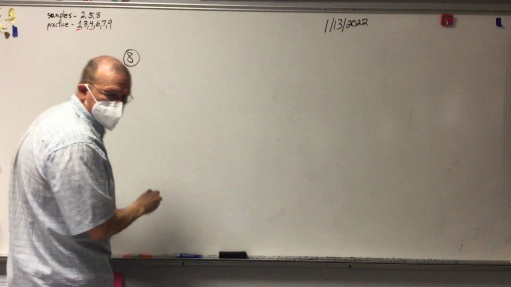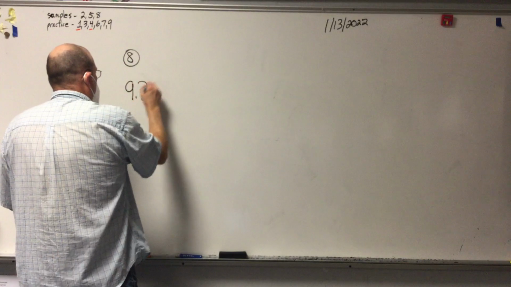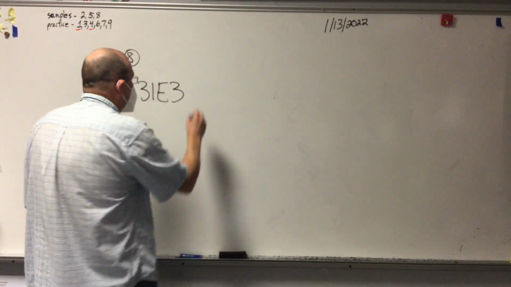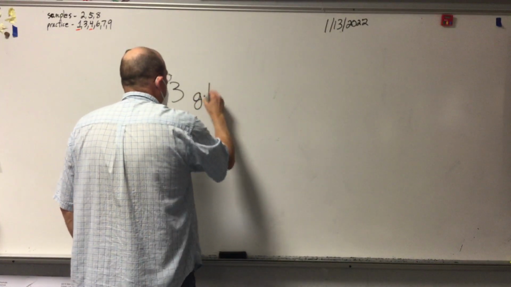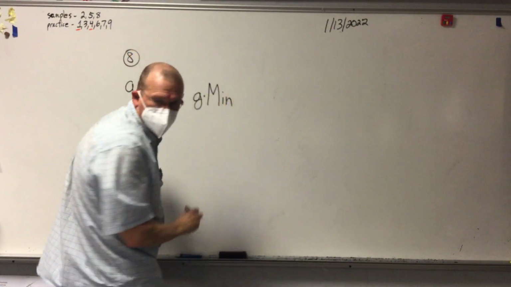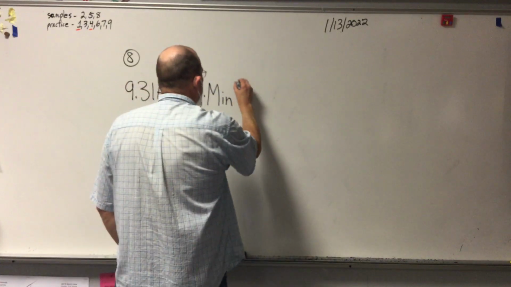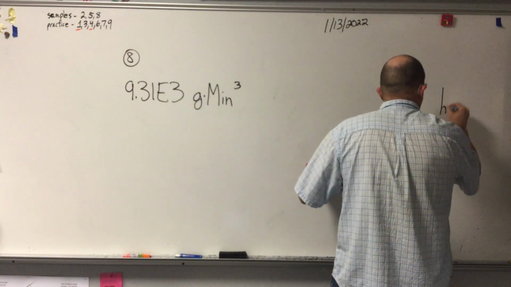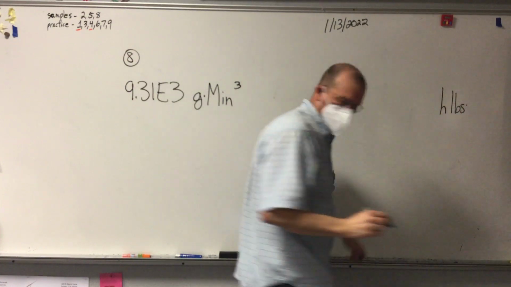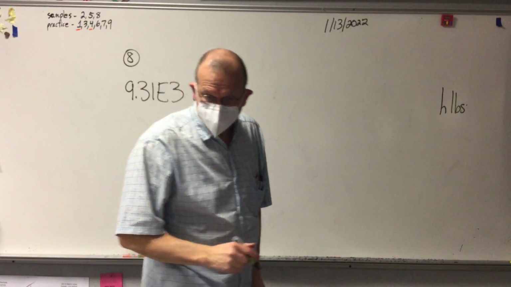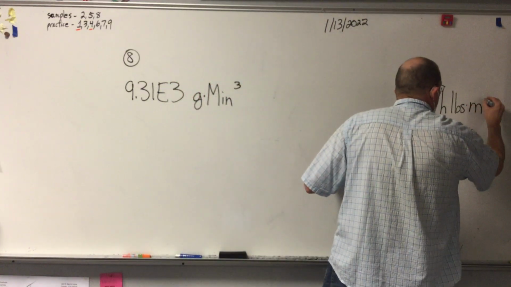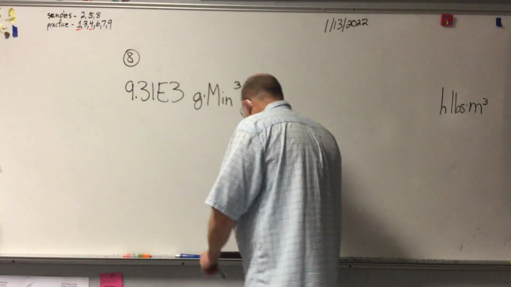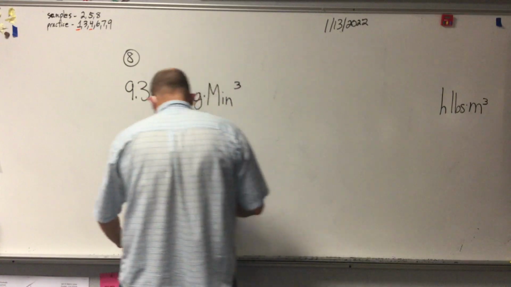And number 8 is 9.31 E3 grams times micro inches cubed, and we want to convert this to hectopounds times meters cubed. Oh, damn it. I forgot to do my colors. All right, I got to go back here.